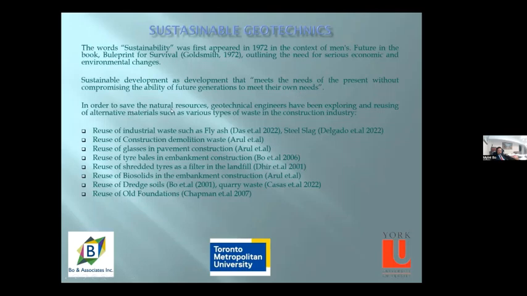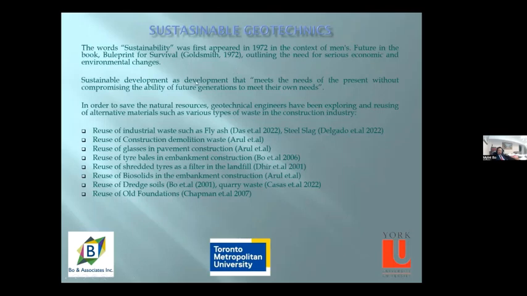In order to save natural resources, geotechnical engineers have been exploring the reuse of alternative materials such as various types of waste in the construction industry, like fly ash, steel slag, demolition waste, pavement constructed with glass waste, tire bales for the environment, shredded tire for filters, biosolids in environmental construction, dredged soil using dredged material, and the reusing of old foundations.